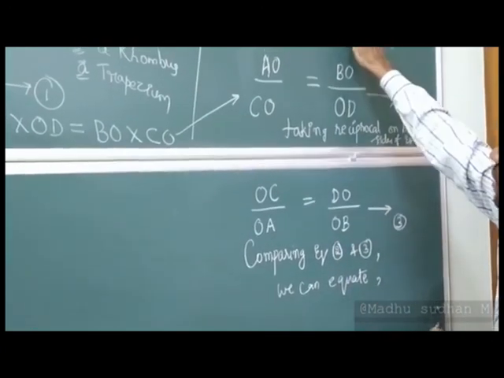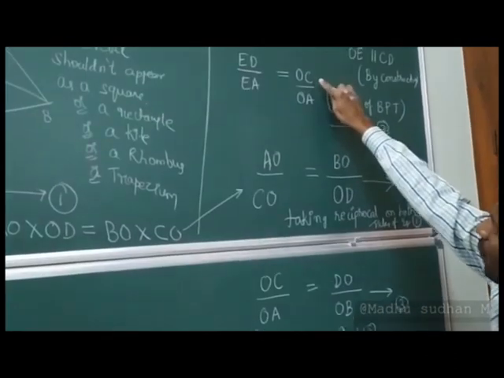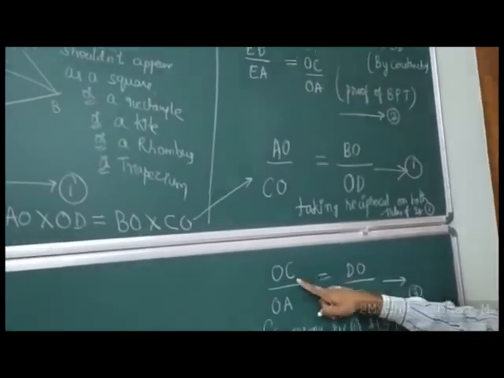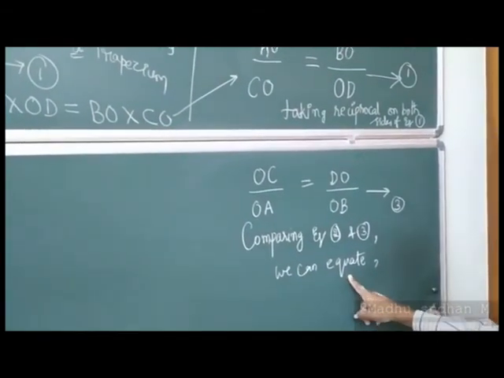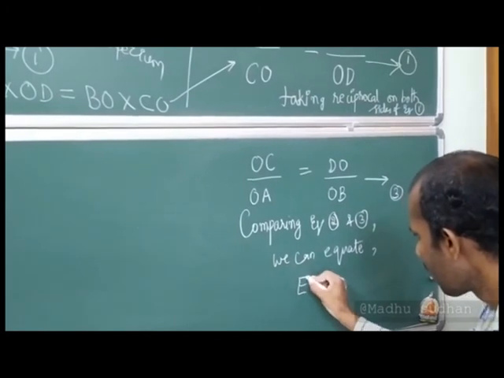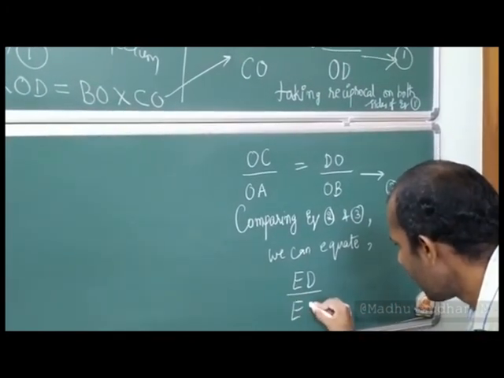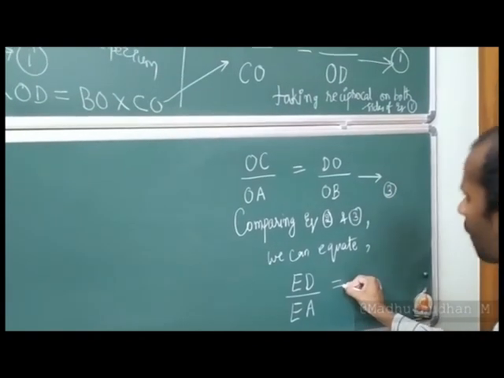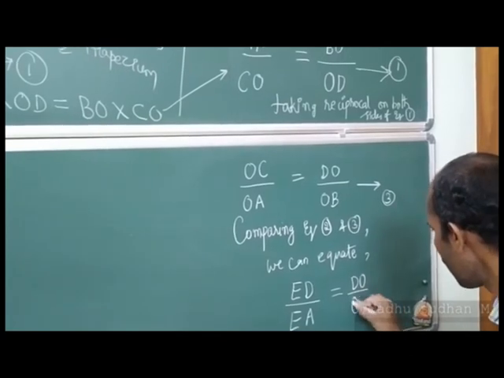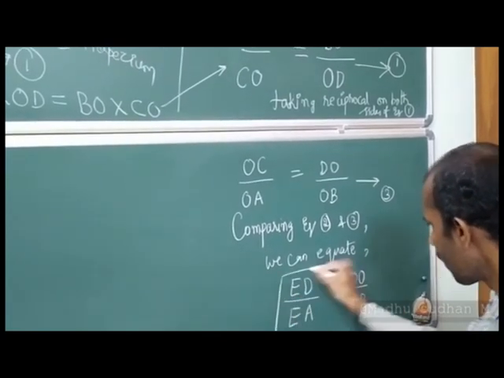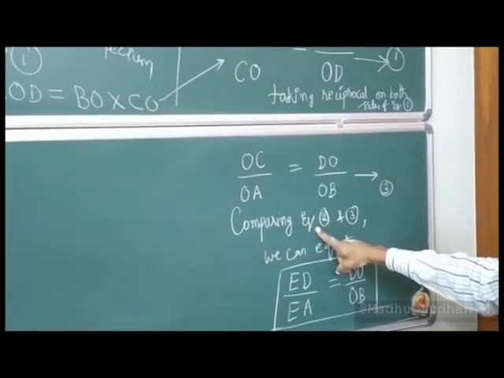This is my equation 2 and this is my equation 3. I can find OC by OA and OC by OA here. So equating, we can find ED by EA, which is equal to DO by OB. Followed it? So comparing equations 2 and 3, we get this part.